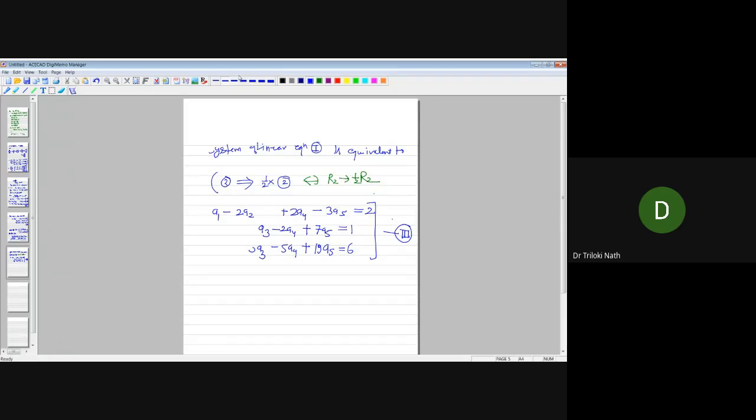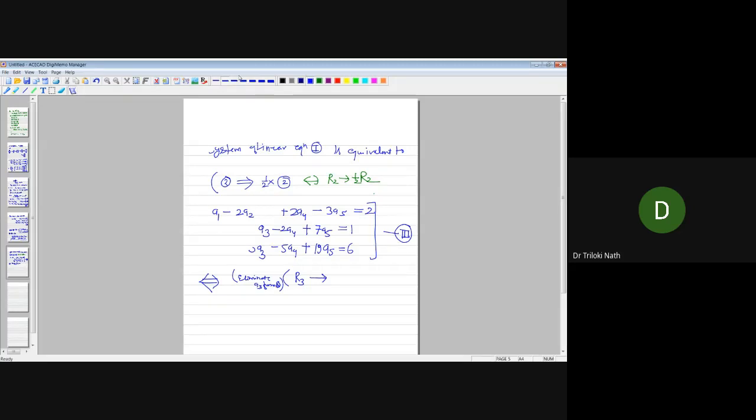What we are going to do is replace the third row, R3. What is our aim? Our aim is to eliminate a3 from R3, that is, from equation third.